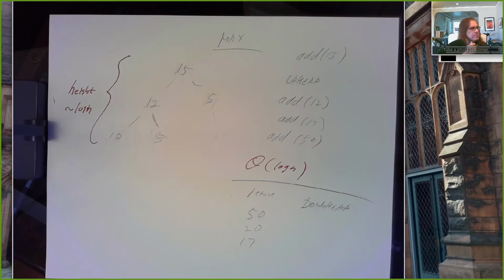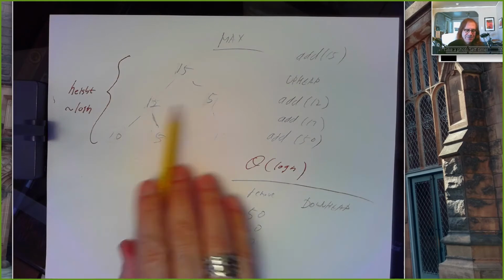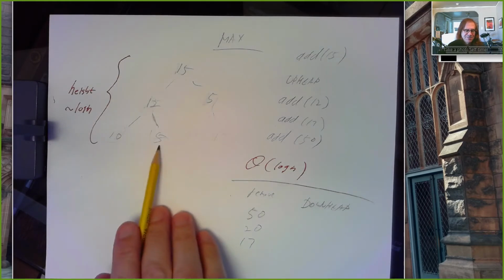So there's no guarantee that on any of the same levels that things on the left are going to be bigger or smaller than things on the right, other than just to say that they're going to be smaller than the parent in a max heap. Absolutely correct, yeah. So 12 is bigger than 5, even though it's on the left. Here, 10 is bigger than 5, it's on the left.